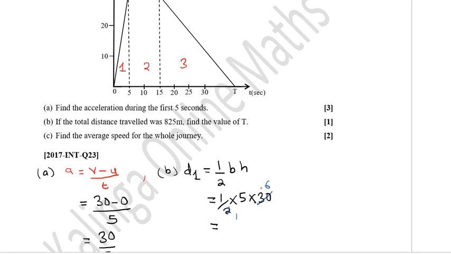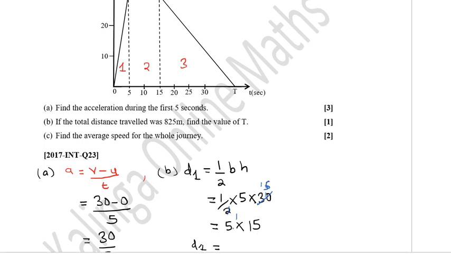You have seen? So now we are going to multiply 5 times 15. So it will be 5 times 15 like this, so that you can find the distance for area 1.